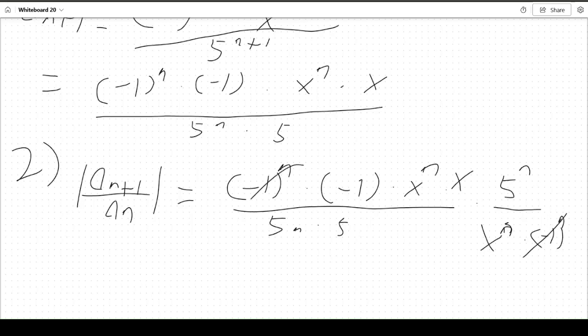We can eliminate that since we have it on both sides. We can eliminate x to the power of n. We can eliminate 5 to the power of n. And we're left with this.